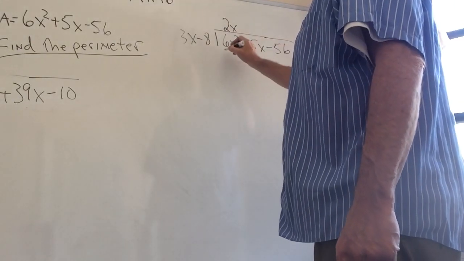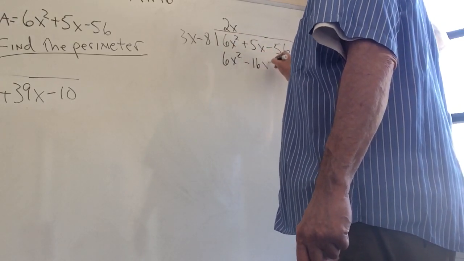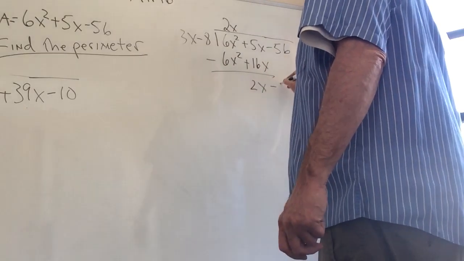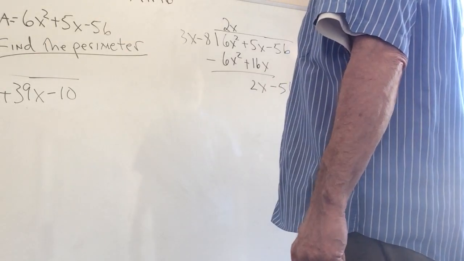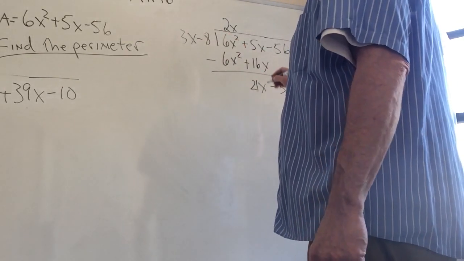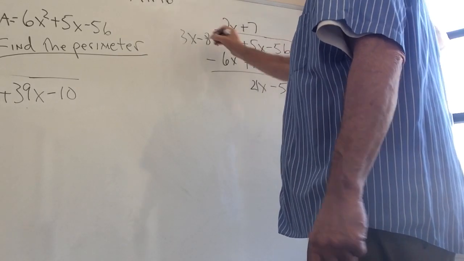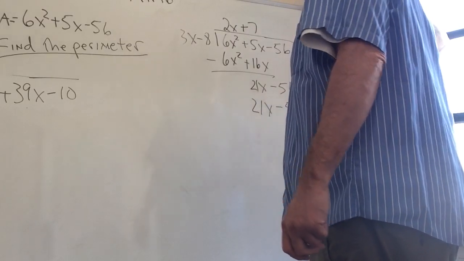So there's 2x, and that's 6x squared, and there's minus 16x, and then we get 21x minus 56. 3x goes into 21x plus 7 times. I multiply it back, and I get negative 56.